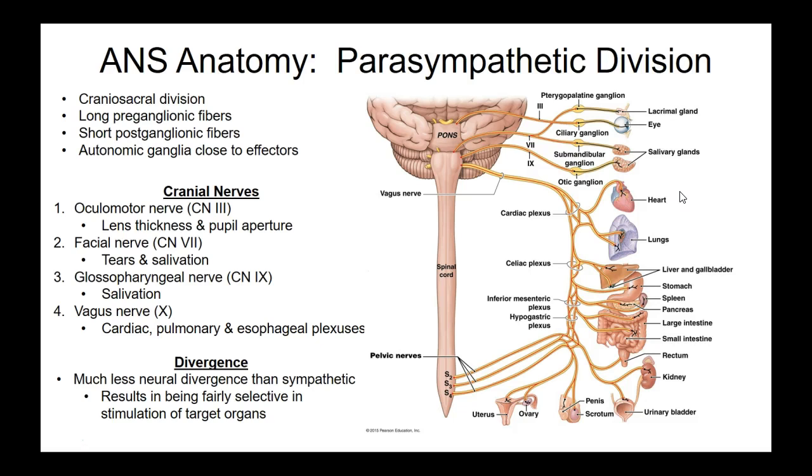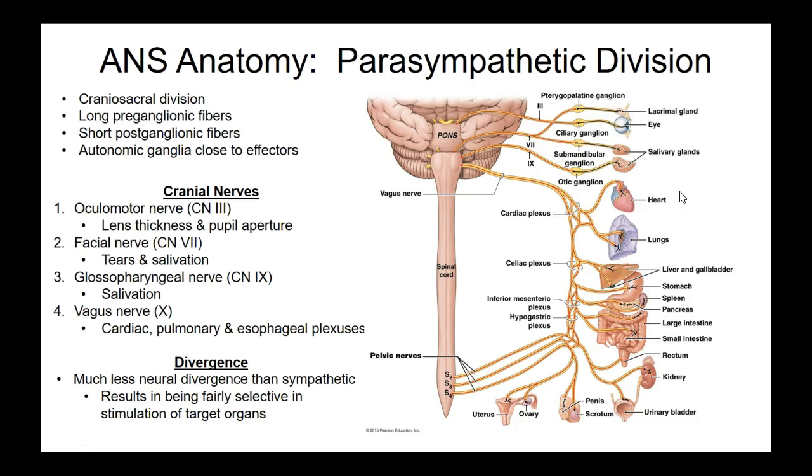So being able to dilate the pupil, as well as change the lens, which we'll talk about in the special senses, right? All right, it's done by the oculomotor nerve. Right? So here, I would say this is the big one that you want to get a hold of, right? And then take a look at some of these other ones, okay? But vagus nerve is one that you definitely want to be aware of.